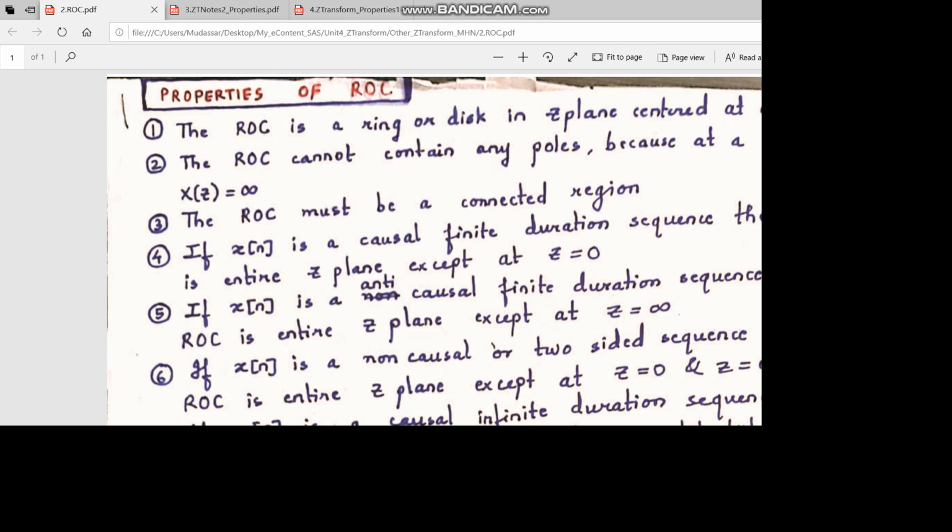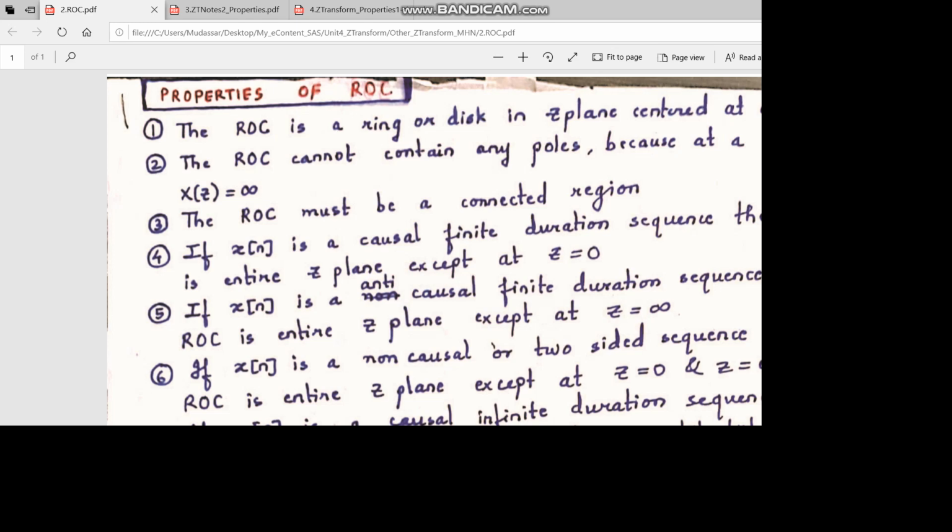In fact, two different signals can have the same Z transform, that is, X of z of two different signals can be the same. It is only the ROC which gives uniqueness to a signal. This is the importance of ROC. Therefore, whenever we specify X of z, we have to specify what is the ROC of X of z. Then only it will determine of which signal that Z transform is.